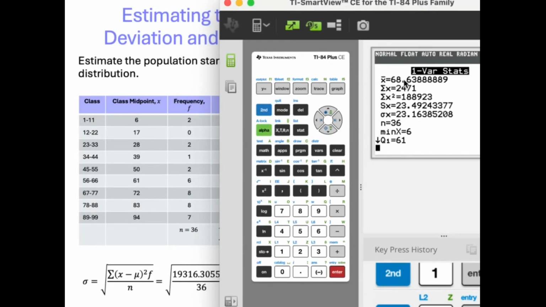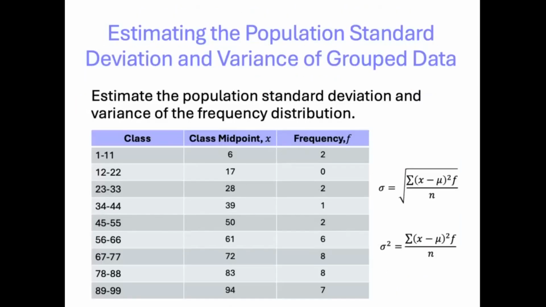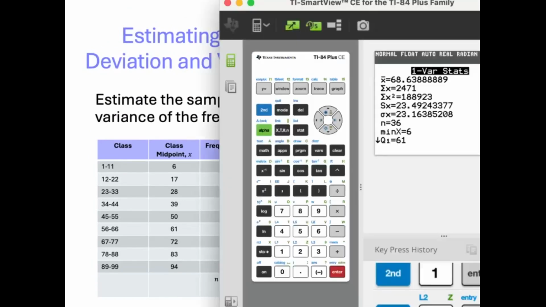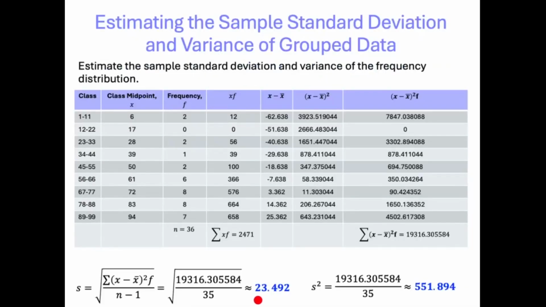It's a small amount of data points. 68.638 with the bar, which is what we found earlier. Okay. And notice the sample standard deviation is 23.492 approximately. And that's what we found right here, but when we did it by hand.